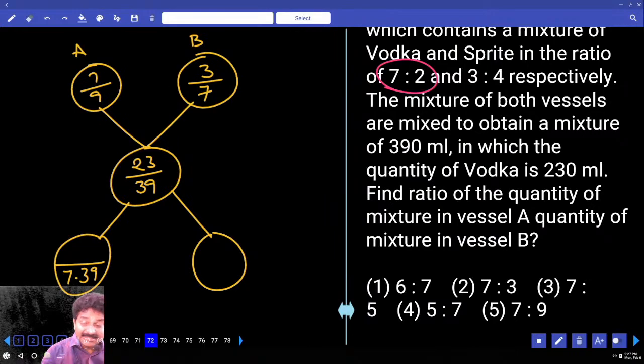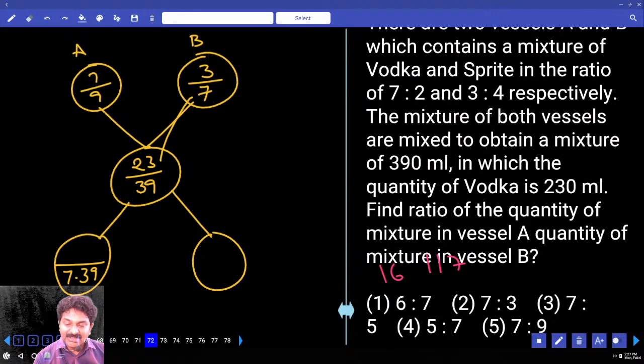120 minus 3. 117. 23 7 times. 161. What is the difference? 44. Come on. 44 is the difference. Next one. 9 times of 39.